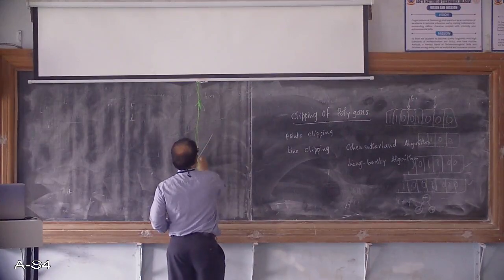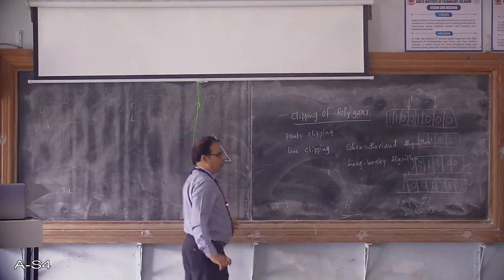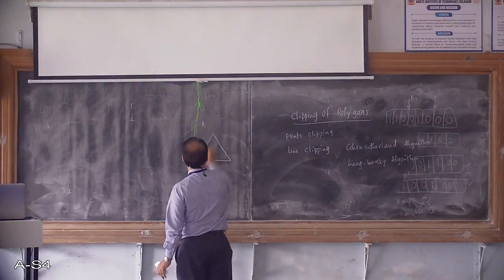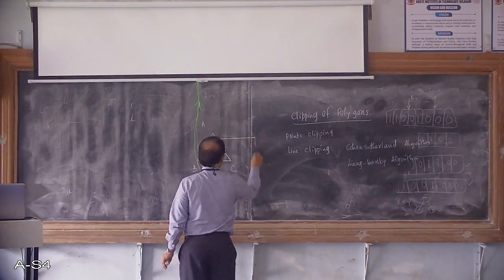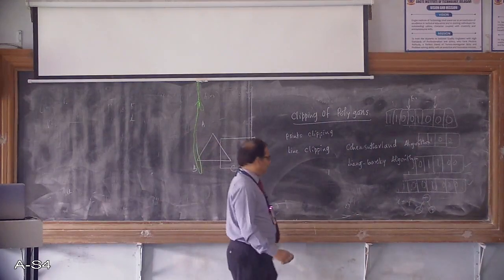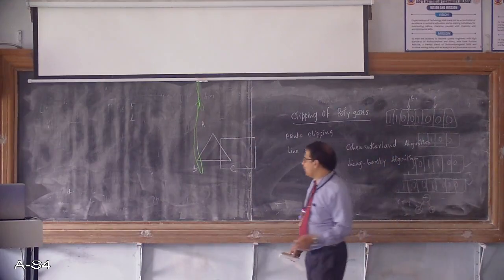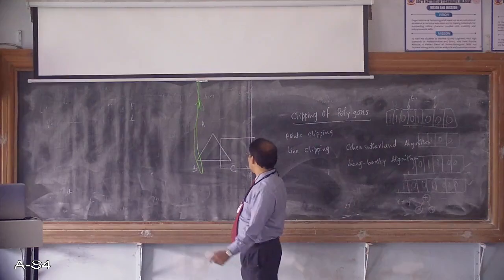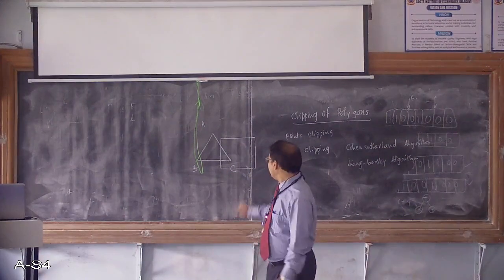Let us take, for example, a triangle, which is a polygon with three edges. If I want to clip a triangle against a given clipping window, I can apply the Cohen-Sutherland or maybe Liang-Barsky line clipping algorithm for each of the three edges of the triangle, and thereby I can obtain the clipping of the triangle.